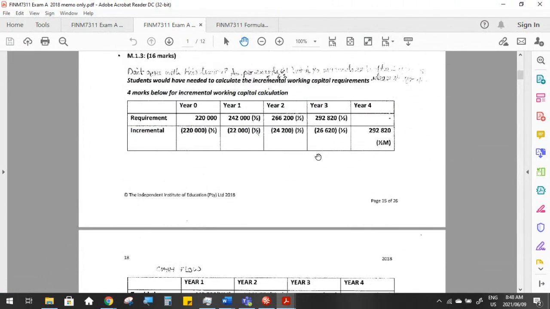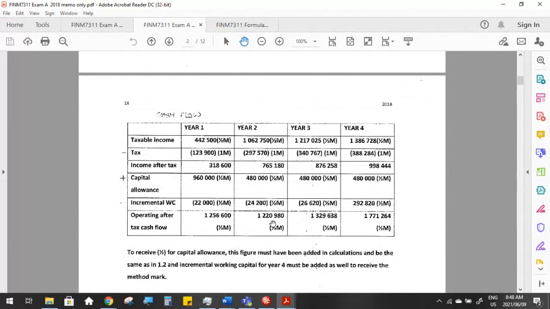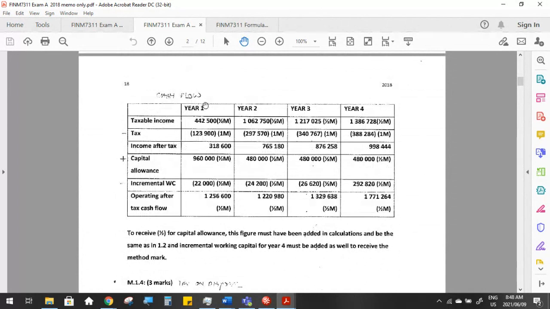the first thing that we have to do before we construct our operating cash flows, this table here that you're looking at on the screen, is we have to work out this line over here, which is the incremental working capital that we have to spend each year. Because remember, whatever changes happen during the life of the project related to working capital will then be included in the operating cash flow section.